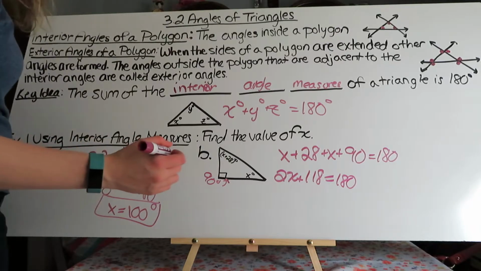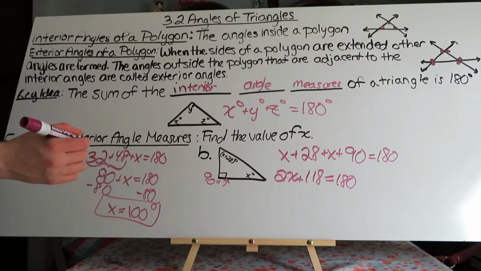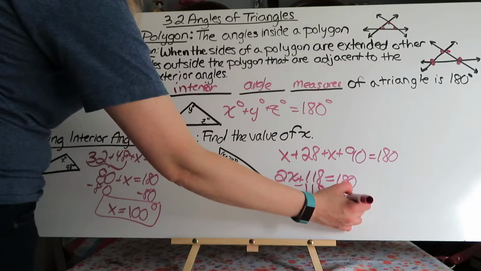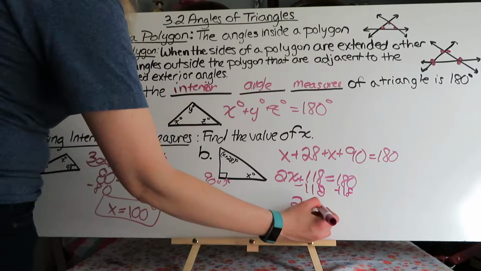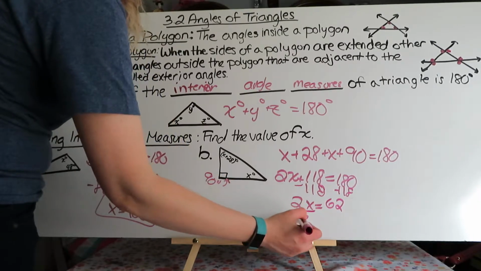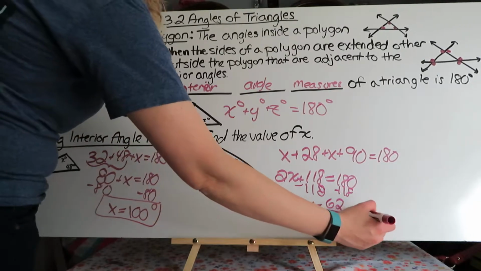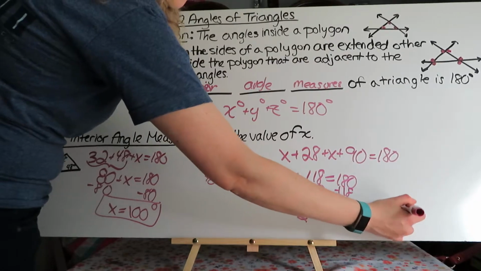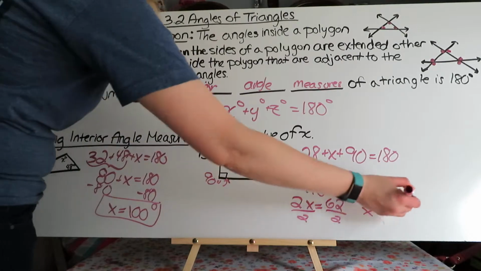I'm going to subtract both sides by 118. I get 2x equals 62. Divide both sides by 2. X equals 31 degrees.